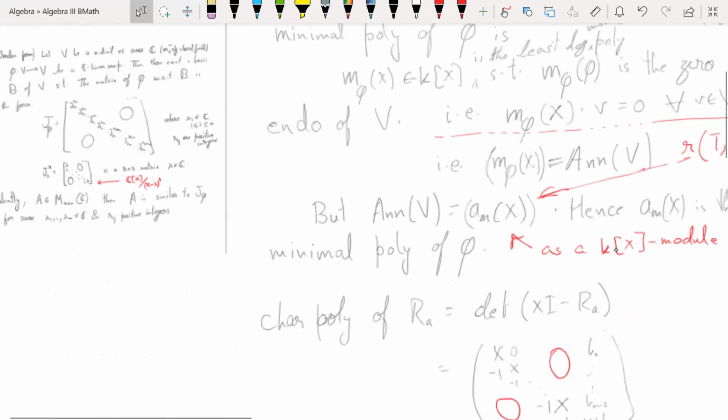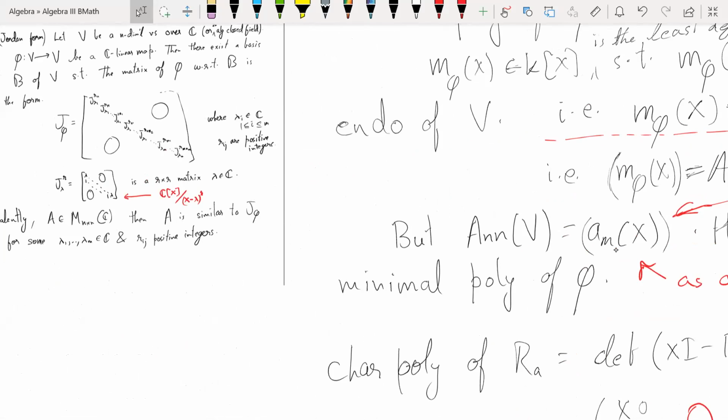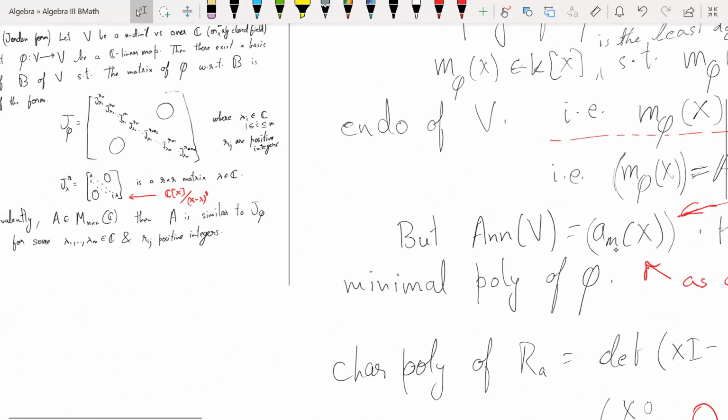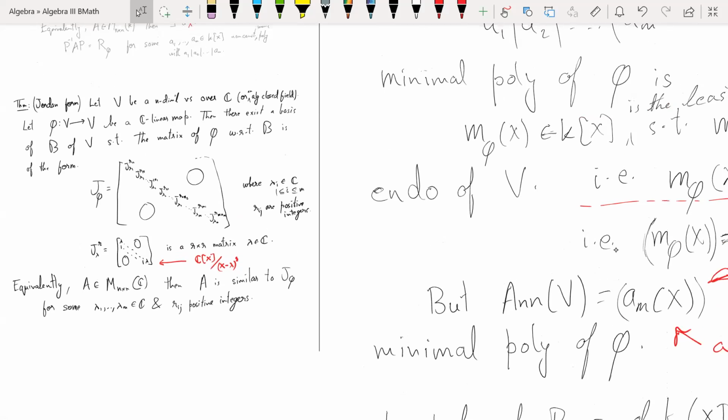Because this is how the Jordan form looks, and the eigenvalue of this matrix, since it's a lower triangular matrix, is just lambda. We also know with what multiplicity each eigenvalue will come if we know the Jordan form of the linear map. Any questions?